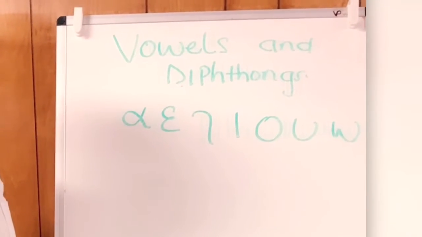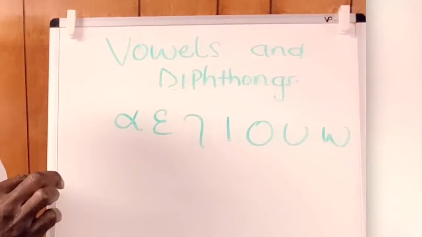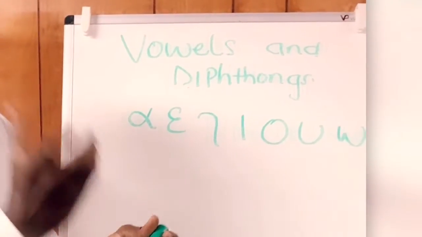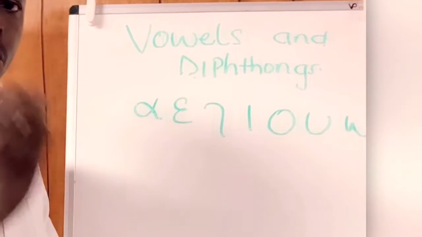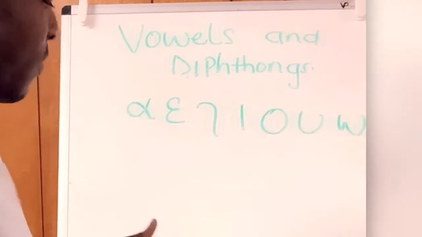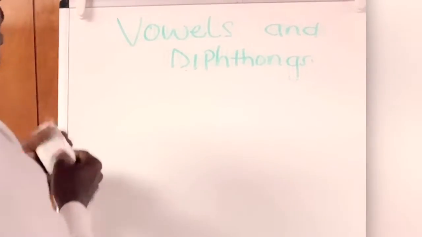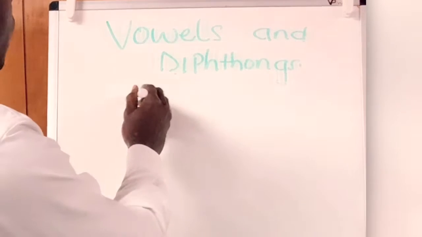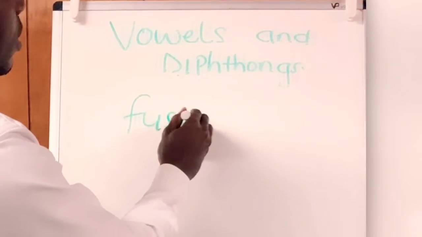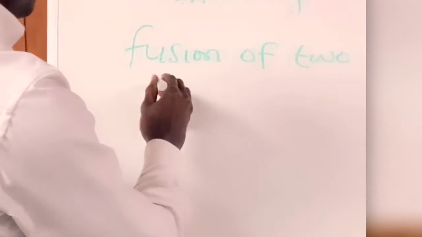Furthermore, there are these 2 vowels that habitually combine with other vowels to form what we call diphthongs. Therefore, what is a diphthong? A diphthong is a combination or the fusion of 2 vowels.